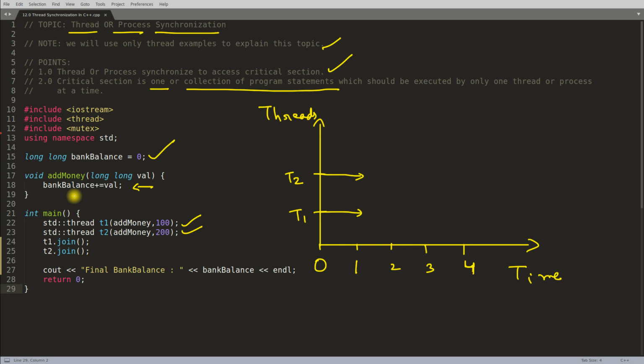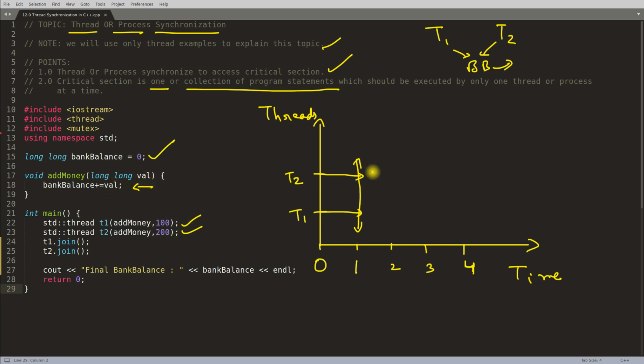T1 and T2 both will try to access the same bank balance variable. If T1 is changing this bank balance variable, then T2 can see the reflection. It is common between these two threads because it is global, not local to a thread, correct? So at this particular time, it is going to change this bank balance with the values they have.